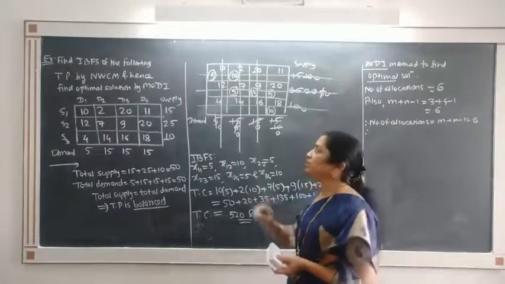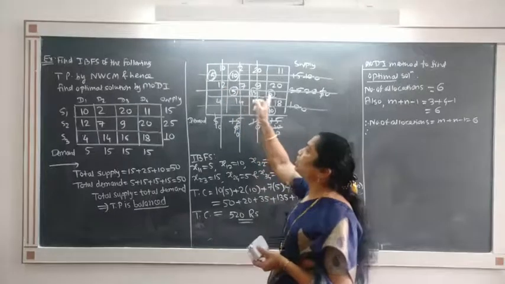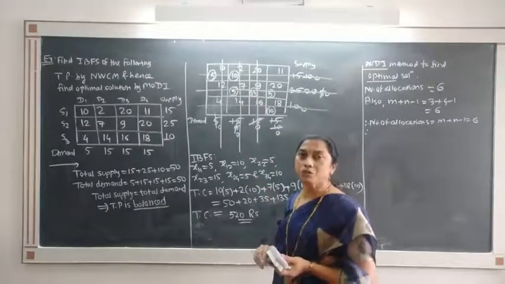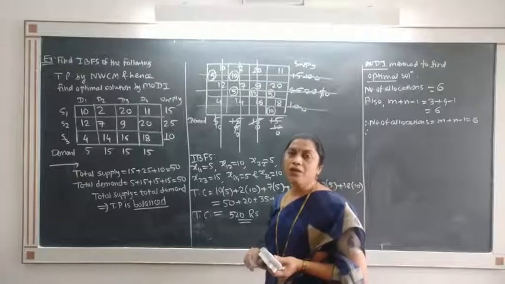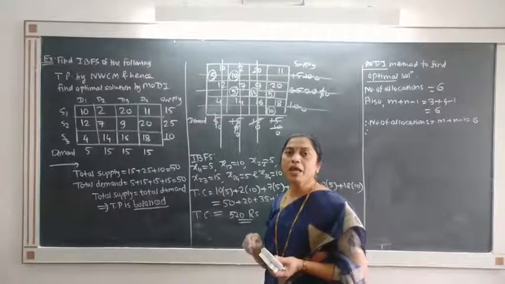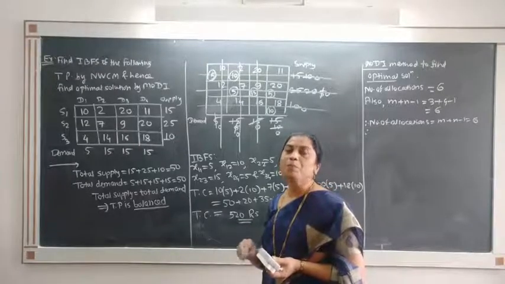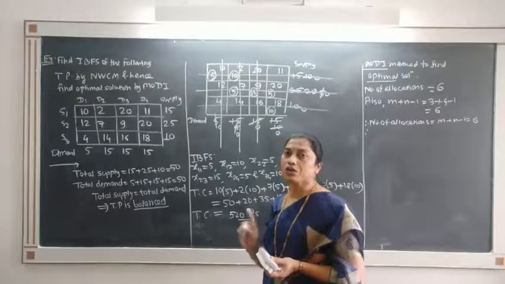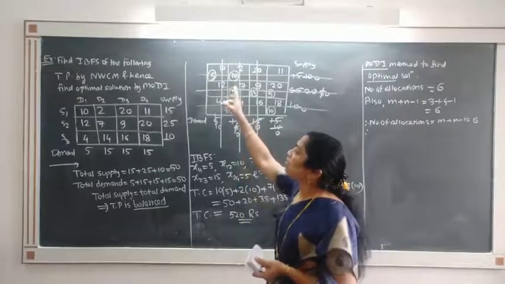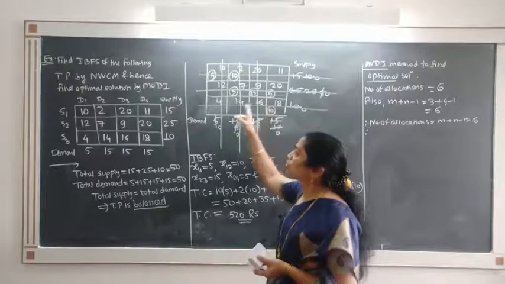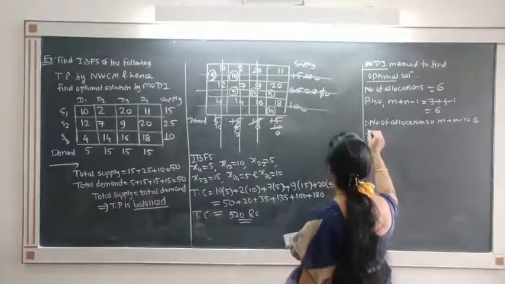The second condition is that these allocations must be at independent positions, which means that there should not be any closed loop passing through all these allocations. Observe that there is no closed loop passing through all these allocations.